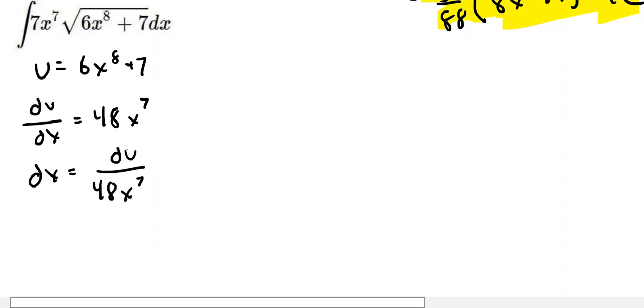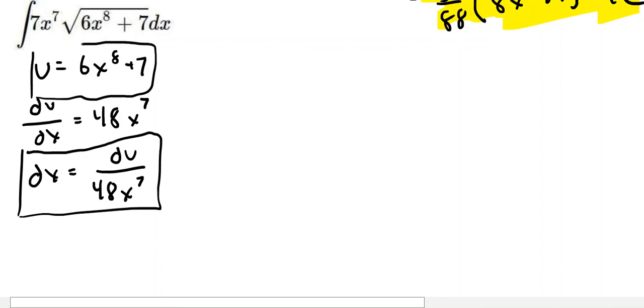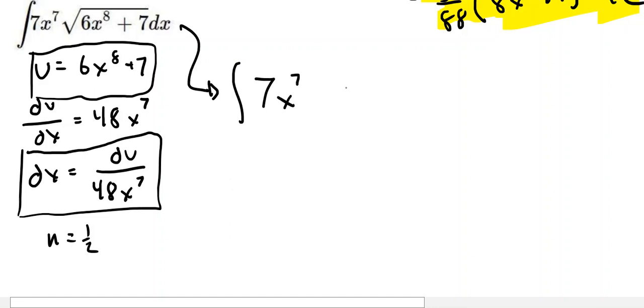So again, we want to keep this handy, and we want to keep this handy. And of course, we know that n is 1/2. So now let's do the substitution. We have the integral of 7x to the 7th, that's that other stuff. And then we have u to the 1/2 power.